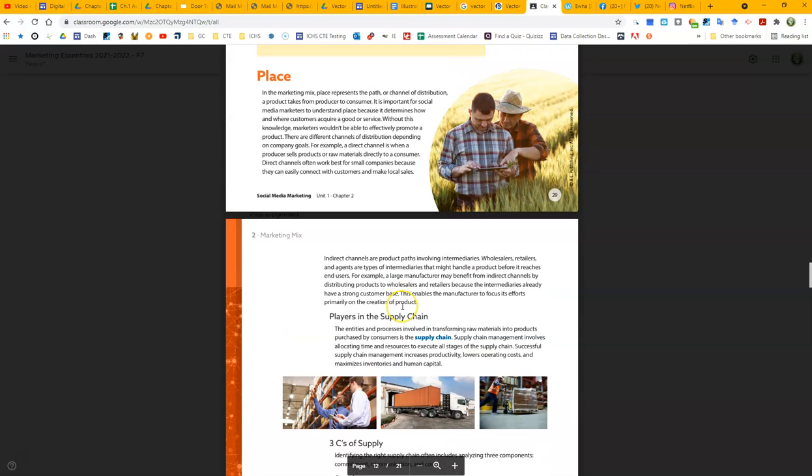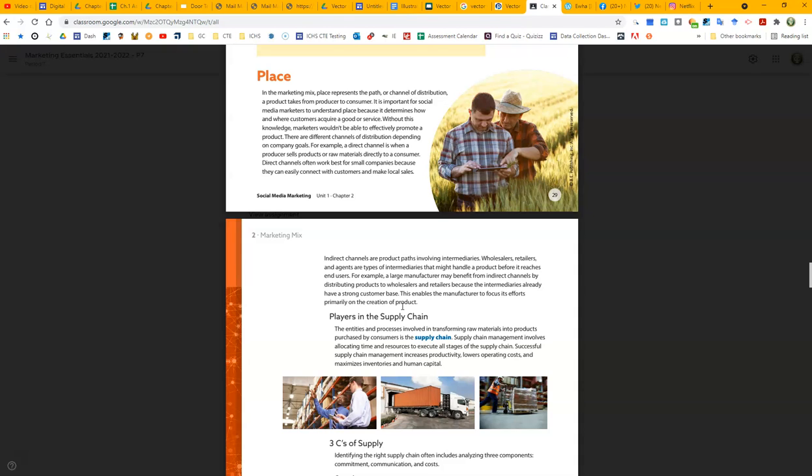And what place refers to is the supply chain. What a supply chain is basically the entire lifespan of a product from when it is first made out of the materials.